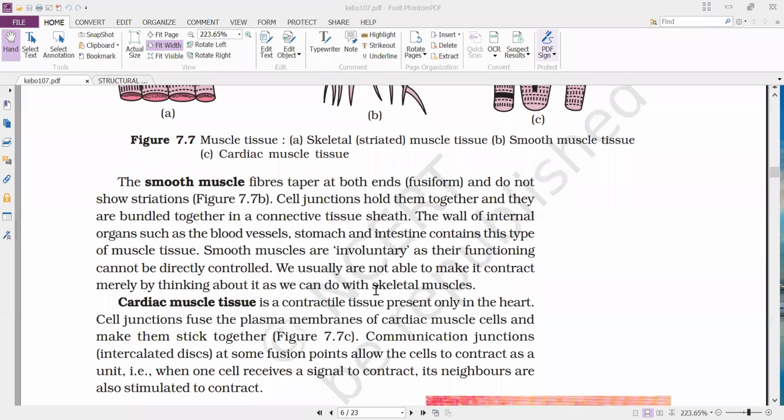That's why skeletal muscle is called voluntary muscle, whereas smooth muscle is called involuntary muscle.